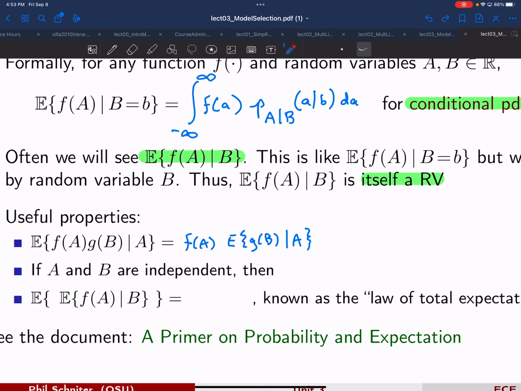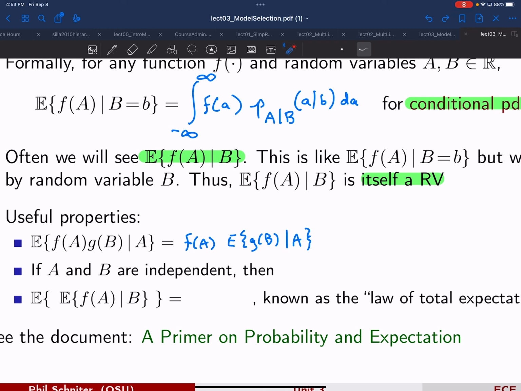Here we have a nested set of expectations. So we have the expected value of f of a given b. Now remember, this is random because it depends on the value of b, which is itself random. But then what's happening is this outer expectation is removing all that residual randomness.